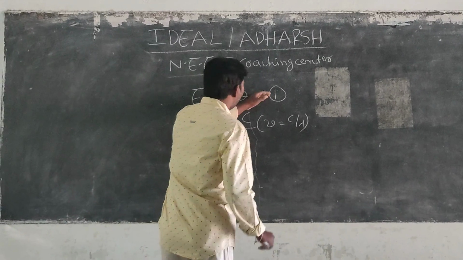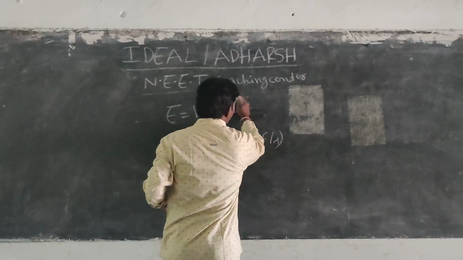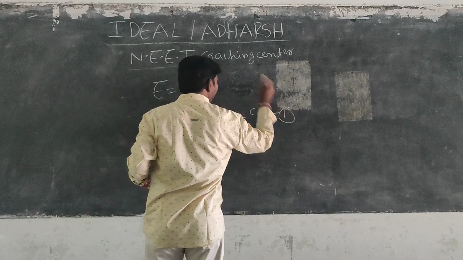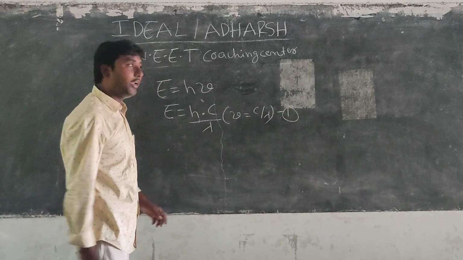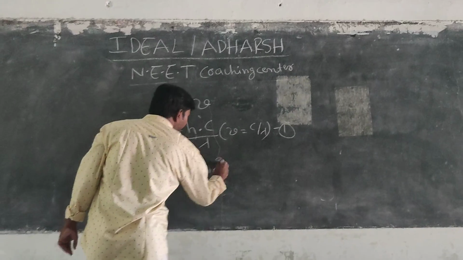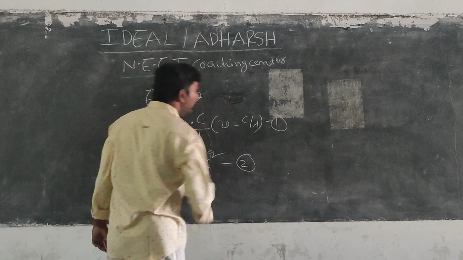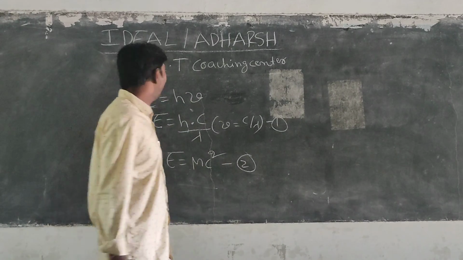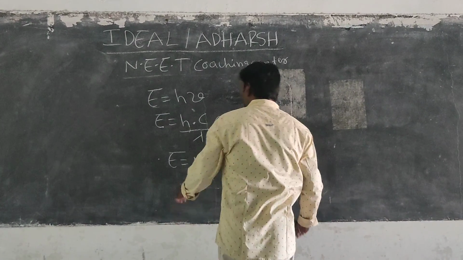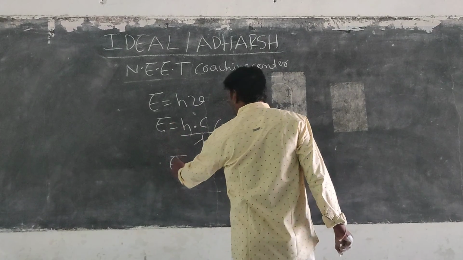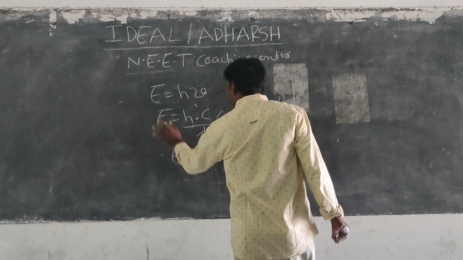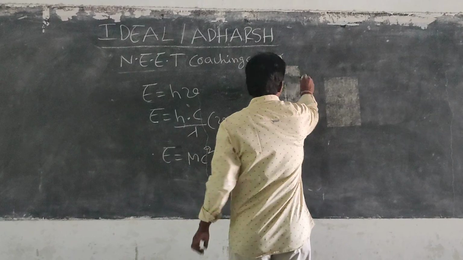This is equation 1. What is the Einstein formula? E equal to mc square. This is equation 2.